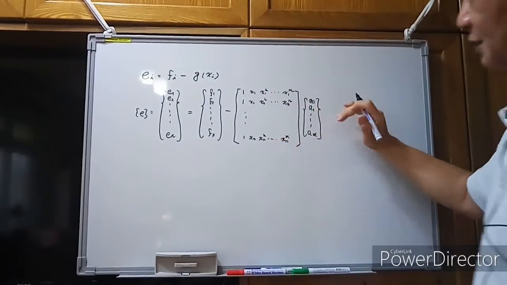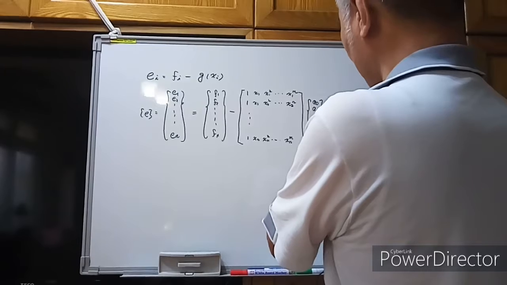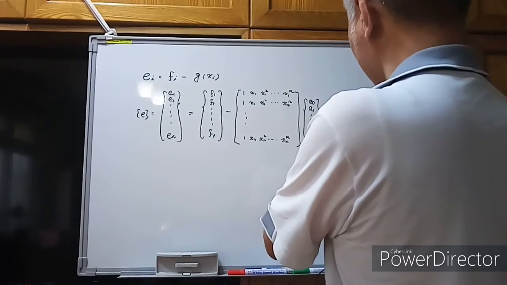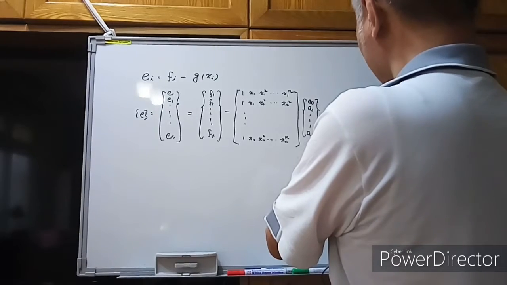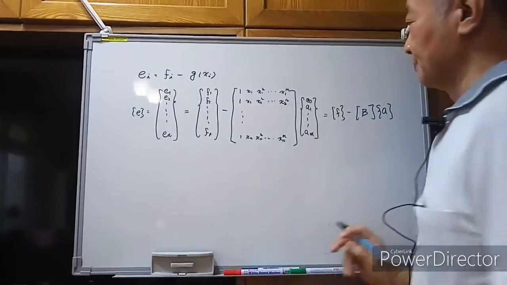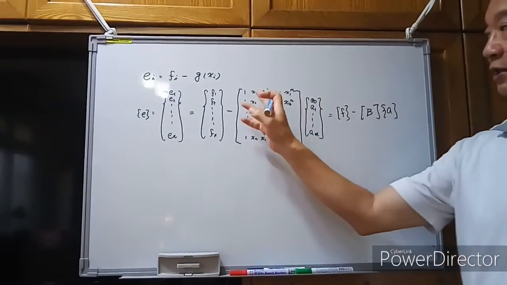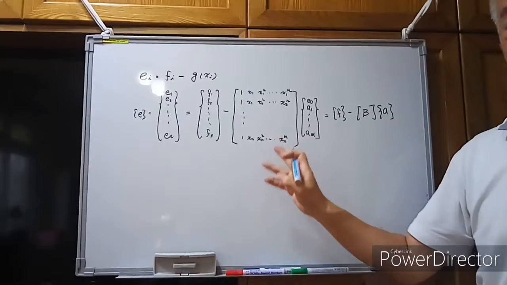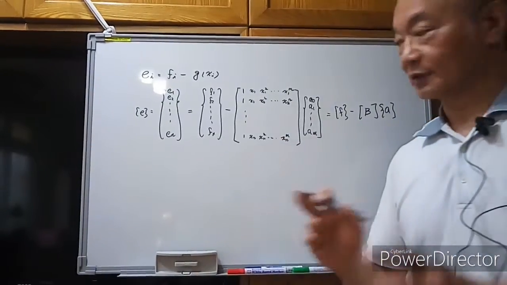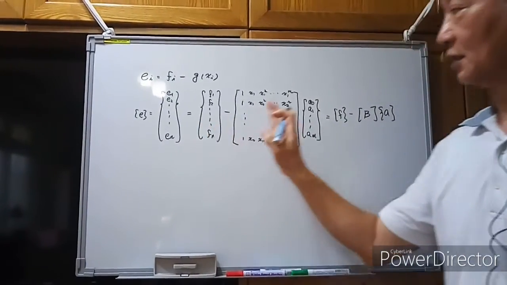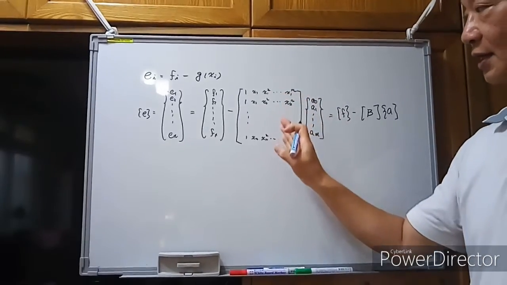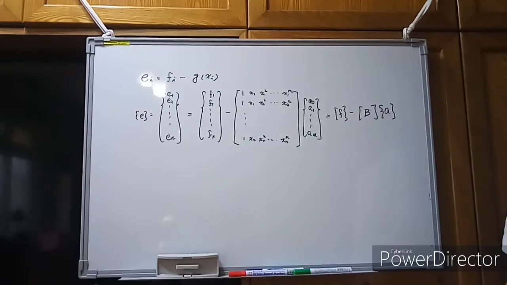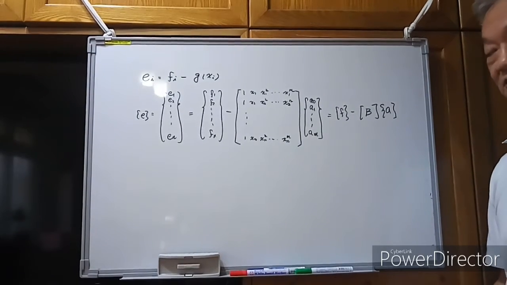We can say that's the B matrix. For the B matrix, we can always calculate all the elements, since remember the F vector and all the x1, x2 until xn are the input data for this program.